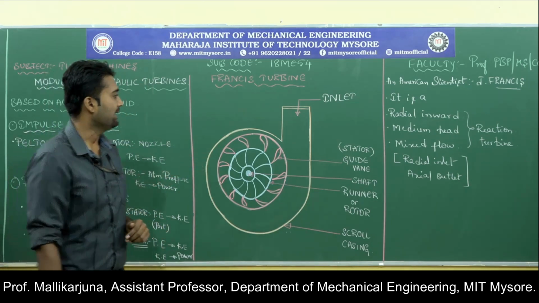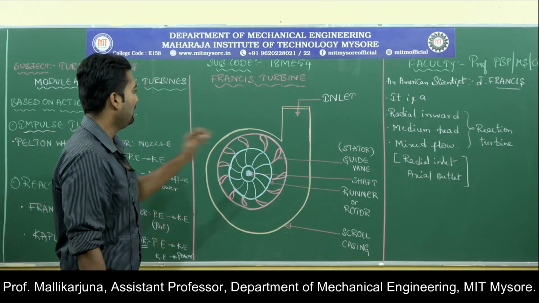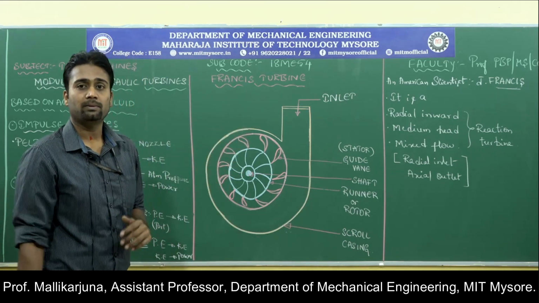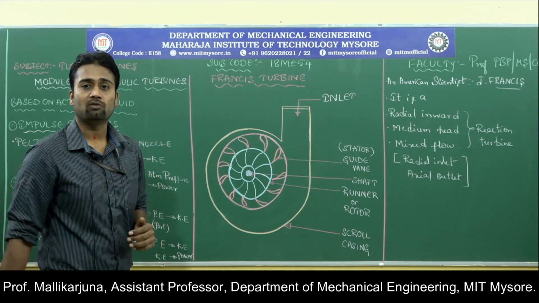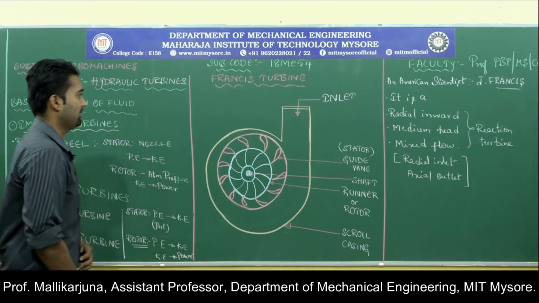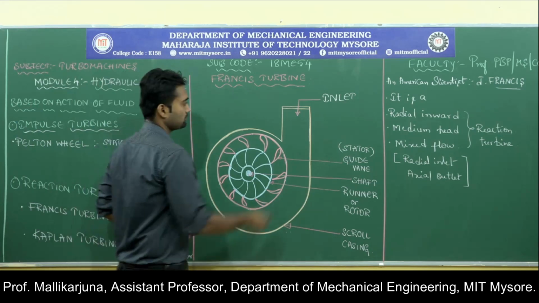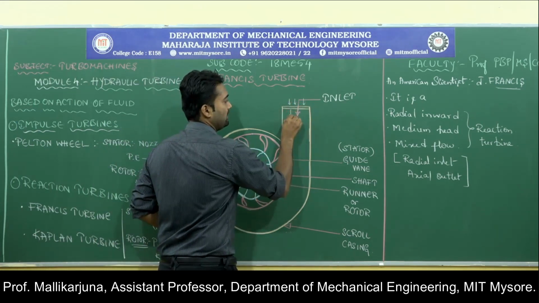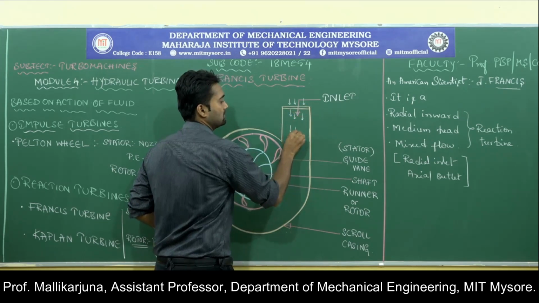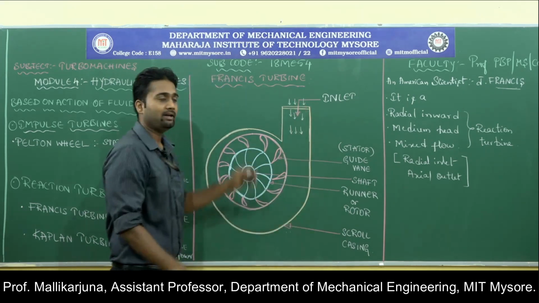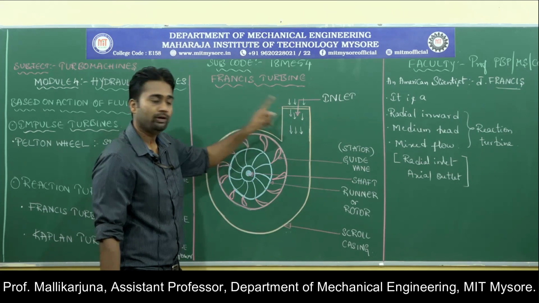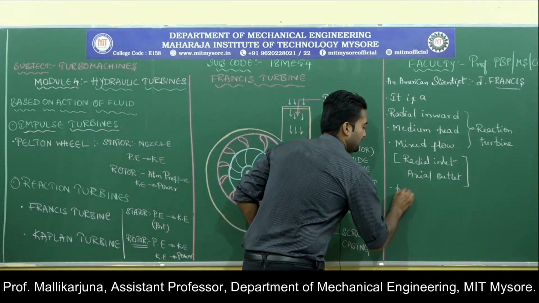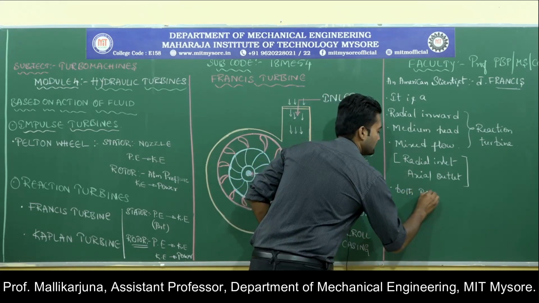Now let us try to understand how the fluid is going to impart energy to the blades of the turbine, and how energy is extracted and converted into power. This is the entry. The fluid is entering the machine through this. While entering the turbine, the fluid possesses both kinetic energy and pressure energy.